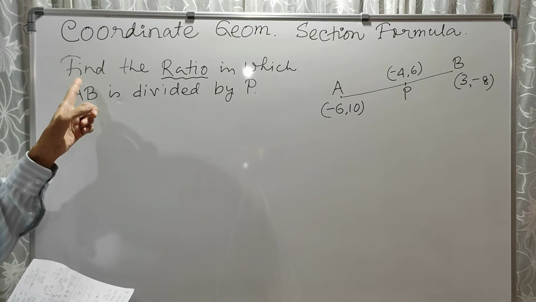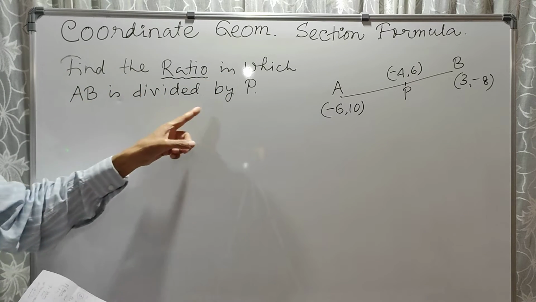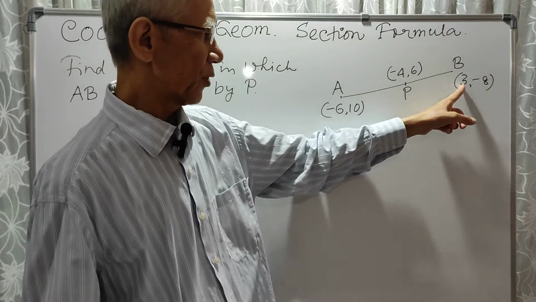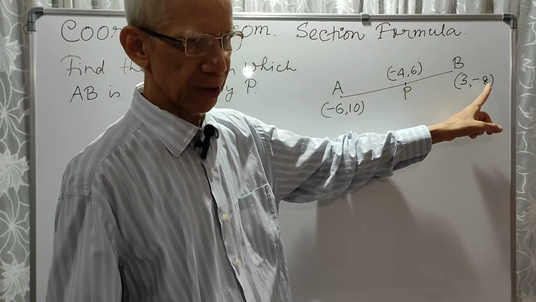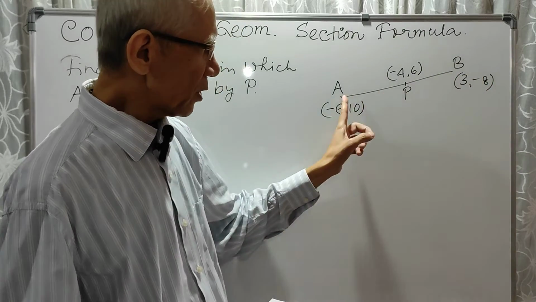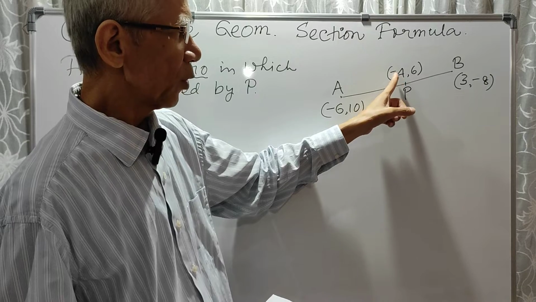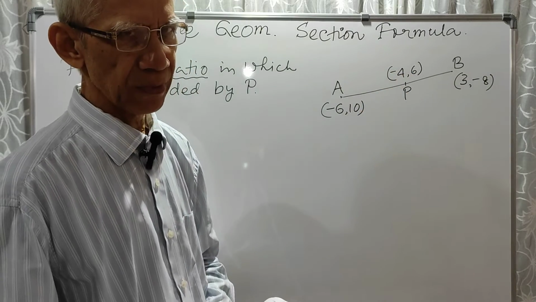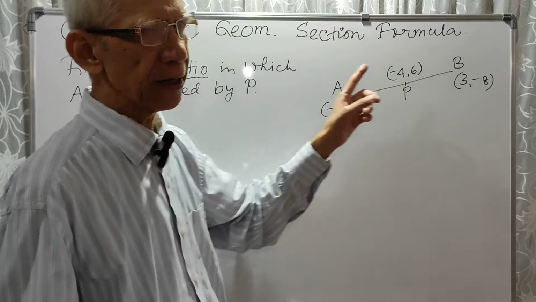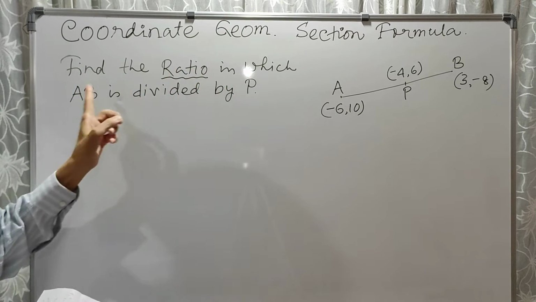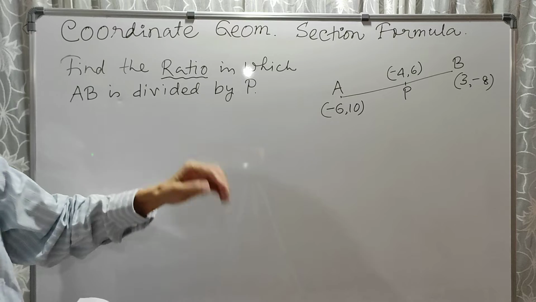This is a question: find the ratio in which AB is divided by P. AB is a straight line joining these 2 points, minus 6, 10 and 3, minus 8. And this straight line is divided by this point P, whose coordinates are minus 4, 6. But in what ratio? That ratio we are asked to find.